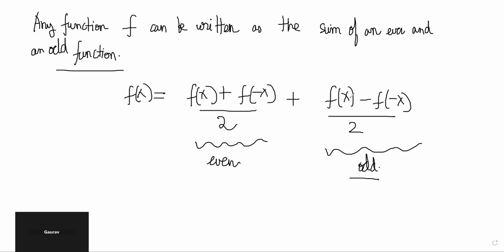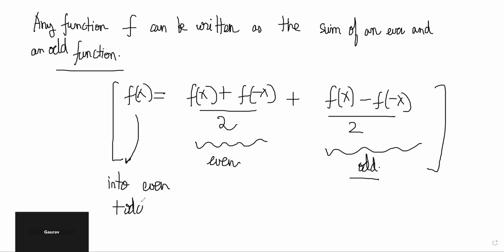But here, if you replace x with minus x, it becomes the negative of the original. So this is odd. So f of x can be broken down into even plus odd parts. I hope you are understanding. Yes, sir. Okay.